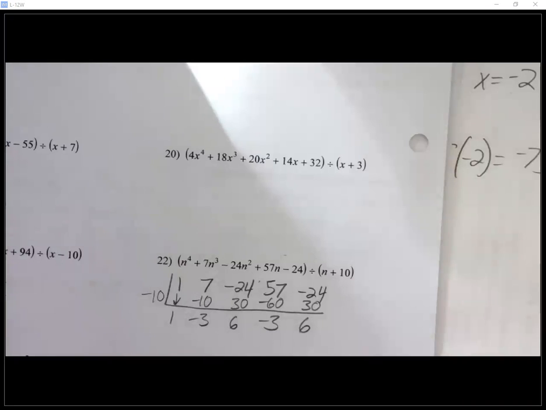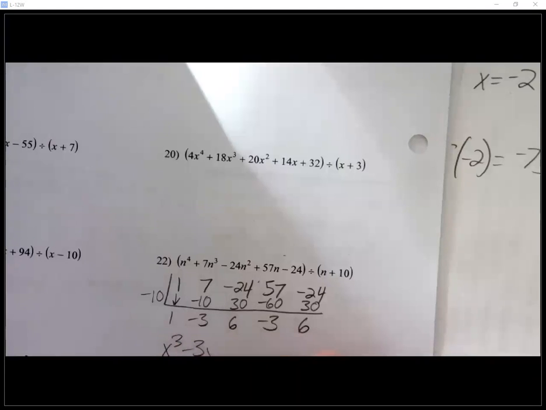Did you get what I got so far? But now you got to turn that into an answer. That's not an answer. That's just a bunch of numbers. Who's got it as an answer? Go ahead, Jake. 1x cubed minus 3x squared plus 6x minus 3 plus 6 over x plus 10. Looks good to me.